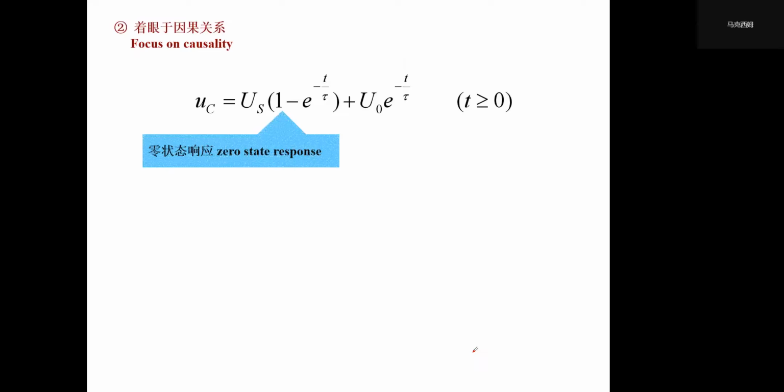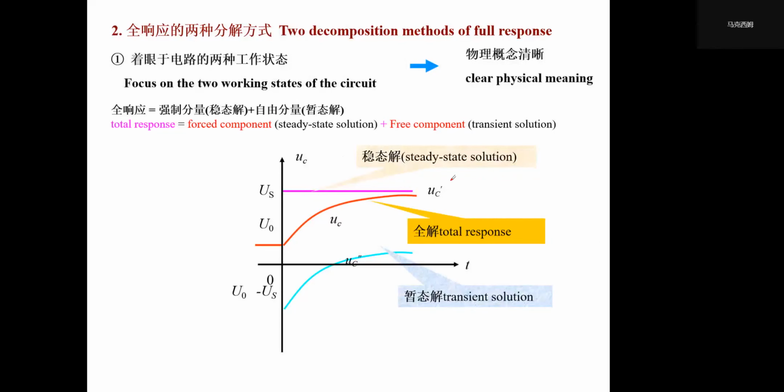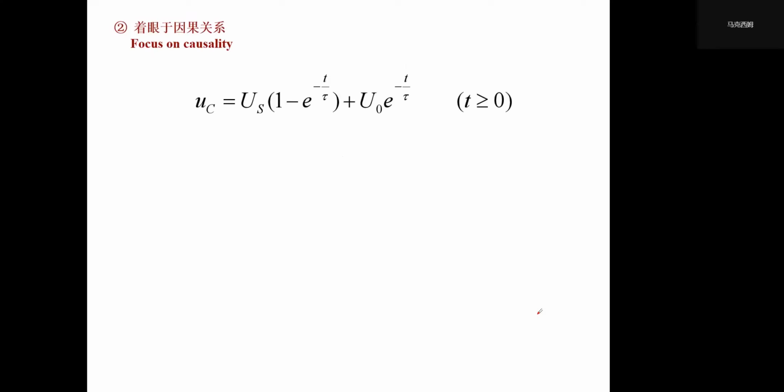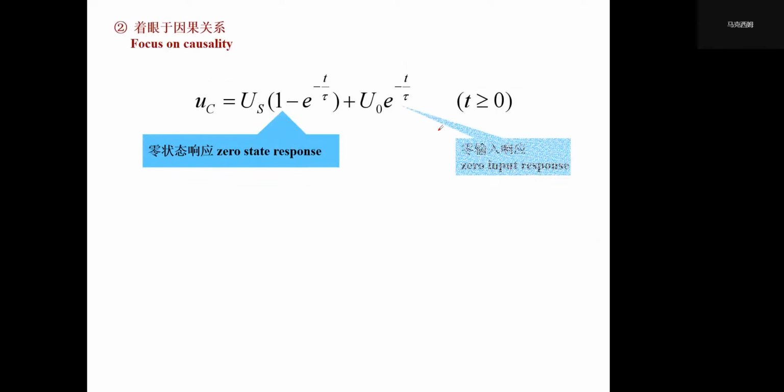The first part is the compulsory component, and the latter part is the free component. That's the first classification. The other method is to divide them into two parts: the first part is the zero state response, and the other part is the zero input response.